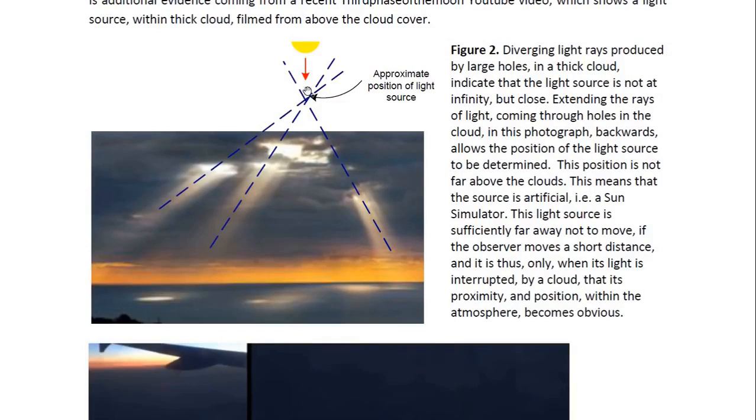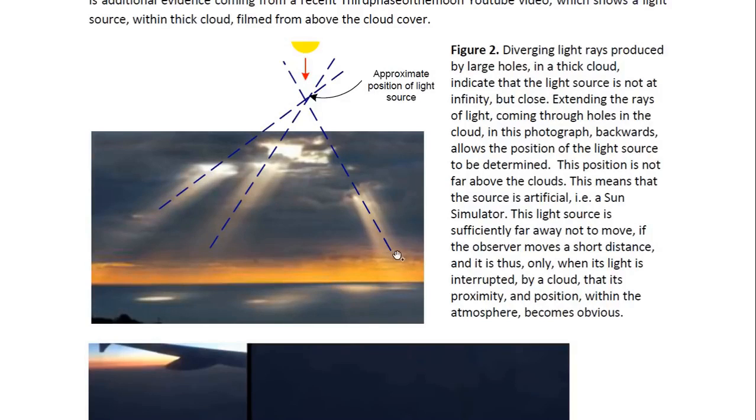And this is what I first wrote about, and that is if there's thick cloud with holes in it, then these beams of light that are formed by light coming through these holes diverge. And if the light was all coming from the sun, which is extremely far away, at infinity, these beams of light would all come through these clouds at the same angle, so they would be parallel to each other.